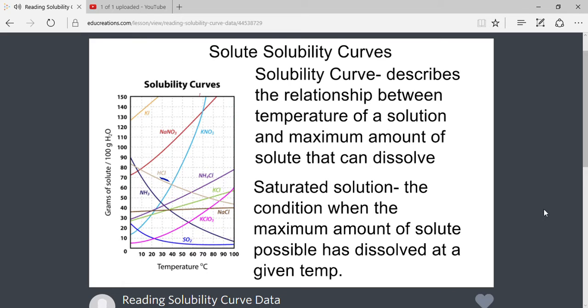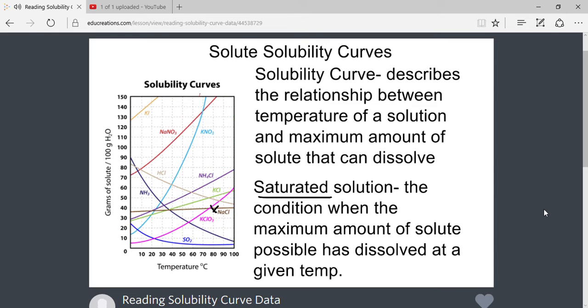What the curve can tell us is what the saturation point is for any particular solute at a particular temperature. Let us take the temperature of 80 degrees. At 80 degrees, when comparing sodium chloride, NaCl, it appears approximately 40 grams of solute of NaCl would dissolve in 100 grams of water.